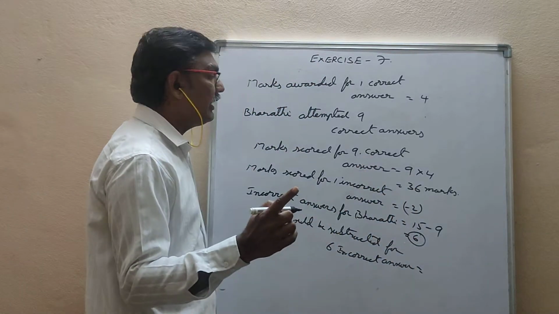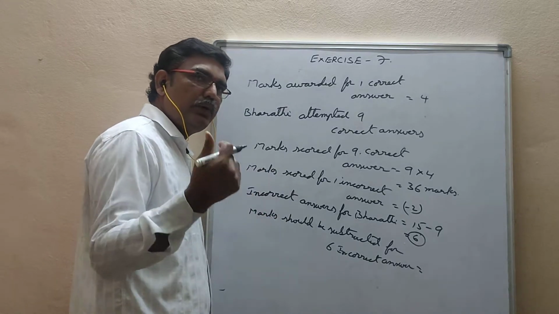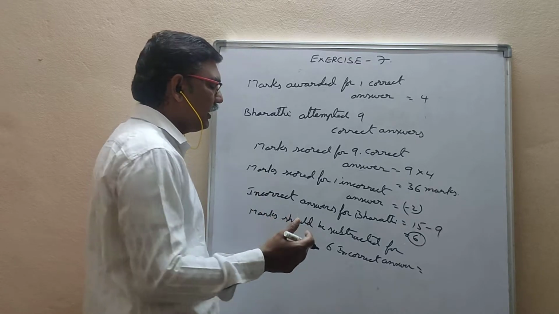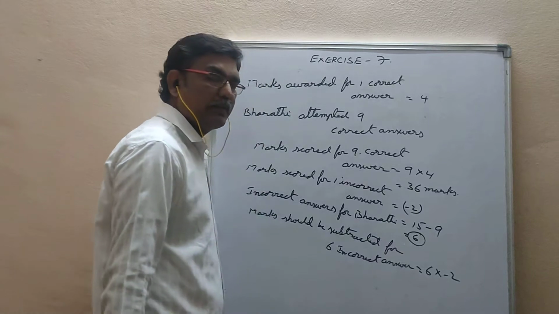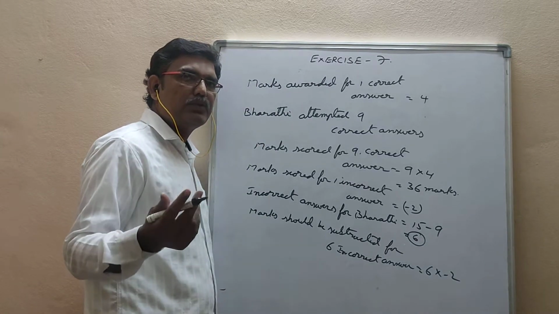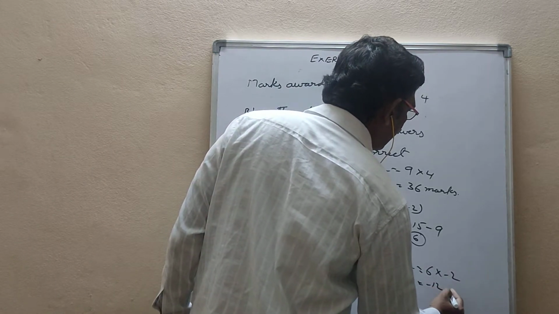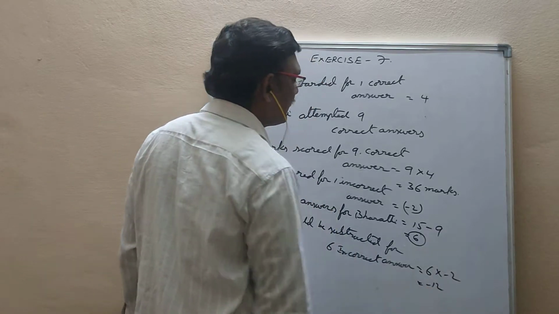For one incorrect answer, 2 marks should be subtracted. For 2 incorrect answers, 2 into minus 2 marks. For 3 incorrect answers, 3 into minus 2. Like that, for 6 incorrect answers, 6 into minus 2 marks will go. That is 6 into minus 2 is how much here? Minus 12 marks. 12 marks should be subtracted.